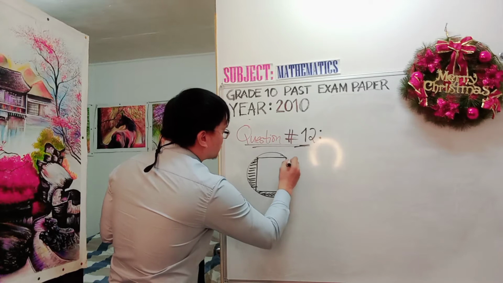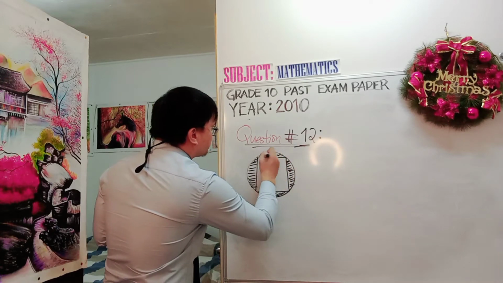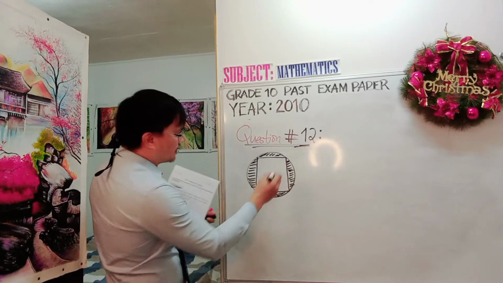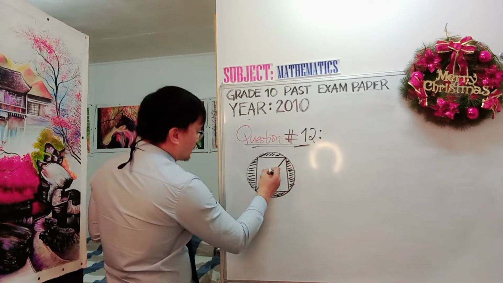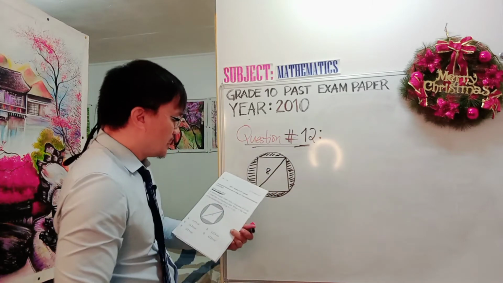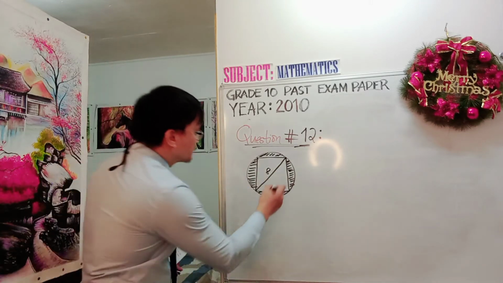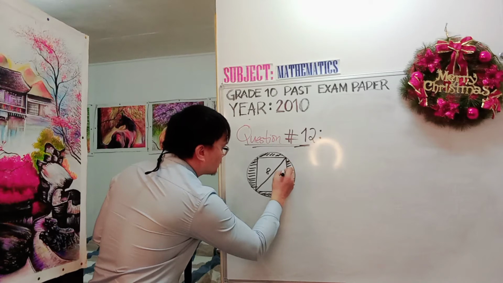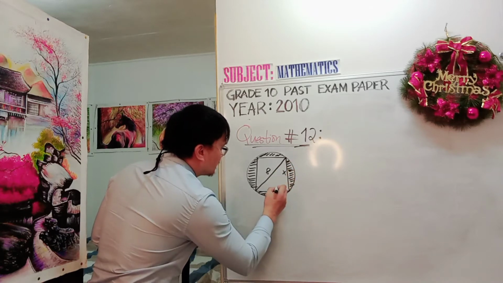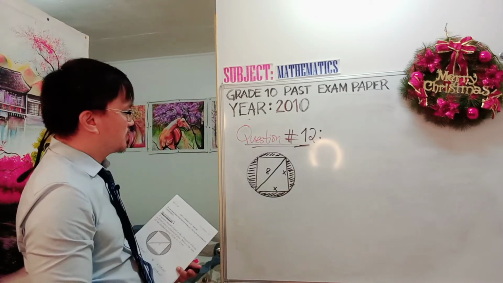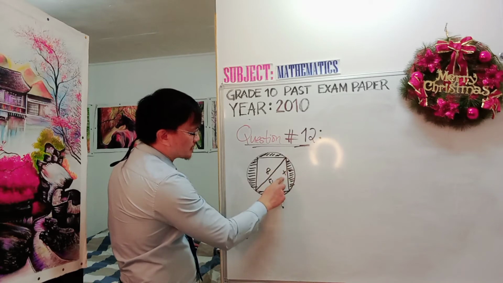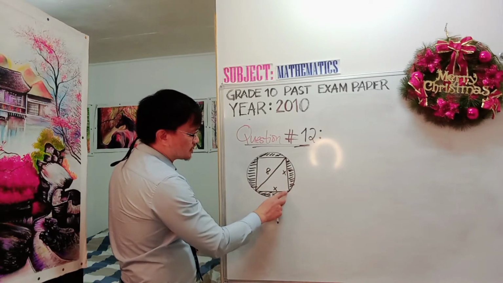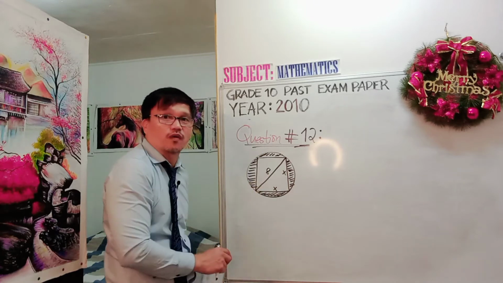The only given side here is this diagonal, which is 8 centimeters. And this side of the square is x, and this one is x. They have the same value because it is a square.